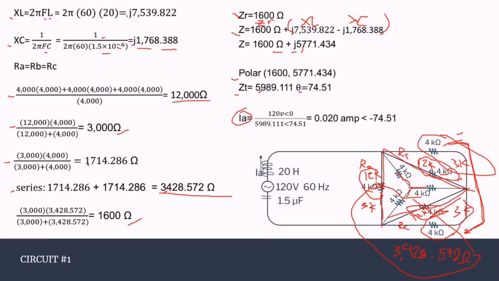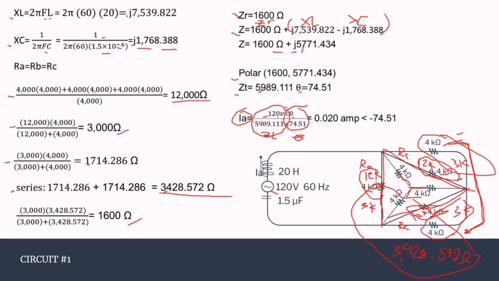AI is our target solution. So to get AI, we're going to need 120 volts, which is given, and zero angle since there is no given angle, over our Z total and angle from the polar. To get our final answer, we're going to divide our volts by Z total and subtract our angle.